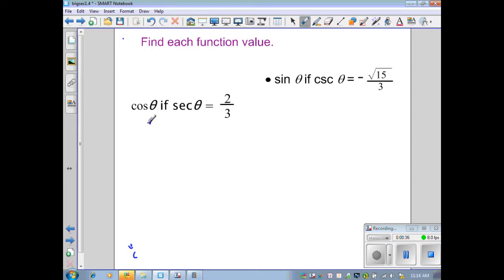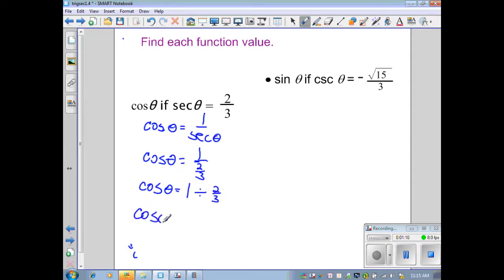So cosine theta is equal to 1 over secant theta. And then we just substitute in and simplify. Cosine theta is equal to 1 over 2/3, which is 1 divided by 2/3.